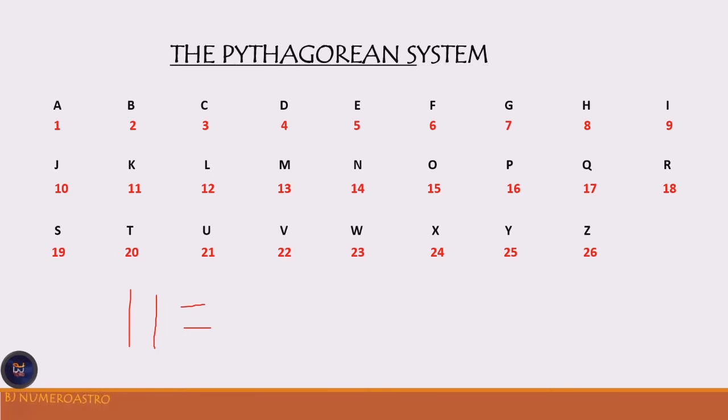In 11 we're having 1 and also another 1 beside it, so it will just be 1 plus 1. And what is 1 plus 1? So that's 2. So 11 in numerology is equal to 2.